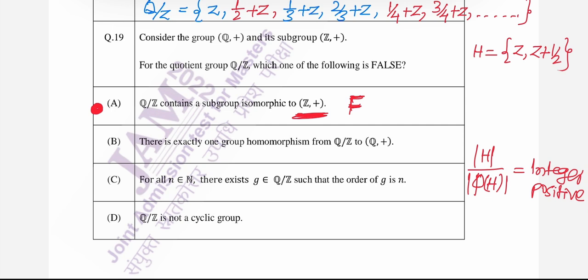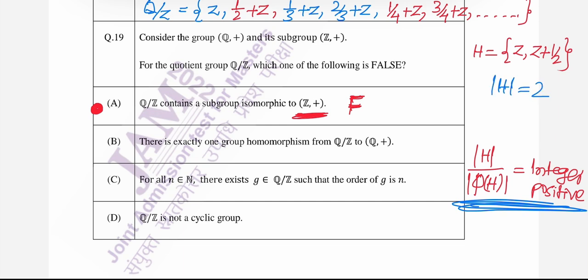Now we are in option B. In option B, it is homomorphism, and for that this relation should be satisfied. And you see order of H is 2.